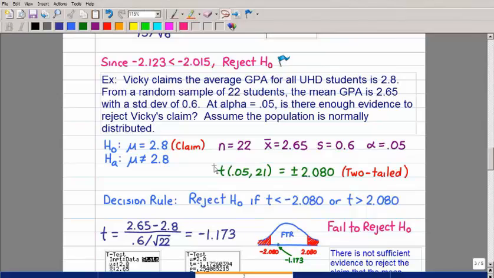All right, so let's look at the data. n is 22. X bar is 2.65. Standard deviation is 0.6. Alpha is 0.05.